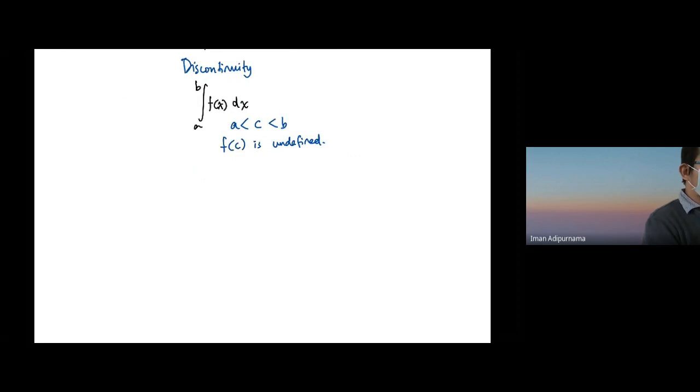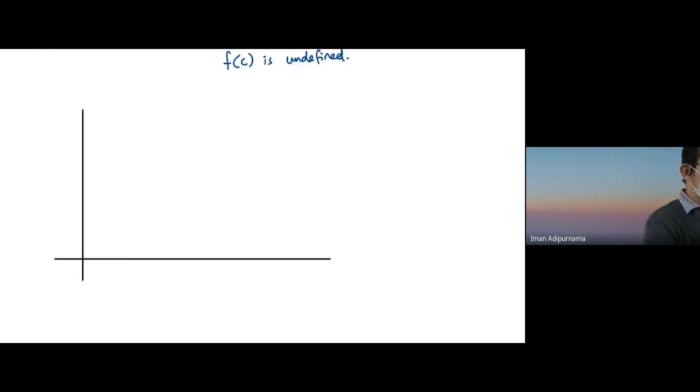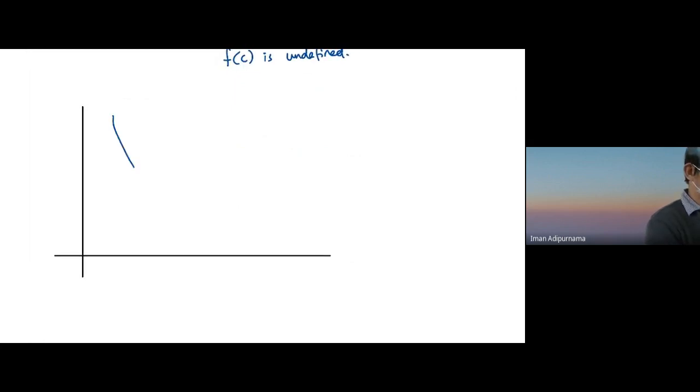As an introduction, let me give you the graph of, let's say, this is our 1 over x squared.